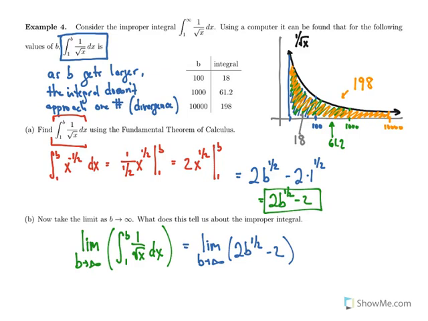And this limit is equal to infinity because this guy blows up and gets bigger and bigger and bigger. The minus 2 doesn't make a difference. This gets bigger and bigger, so we're going to say that this diverges, and we could say that it diverges to infinity.